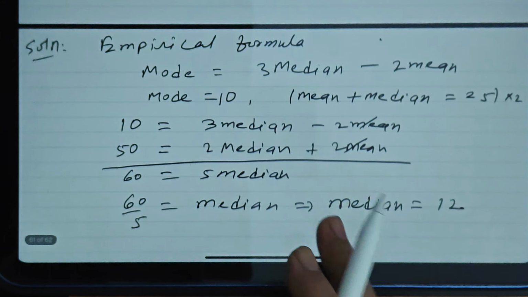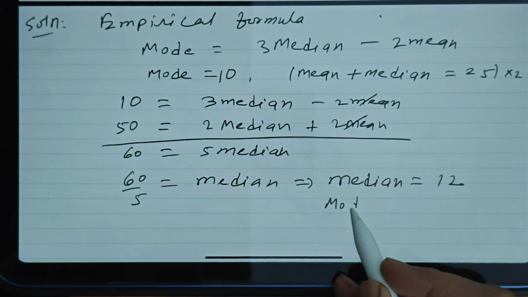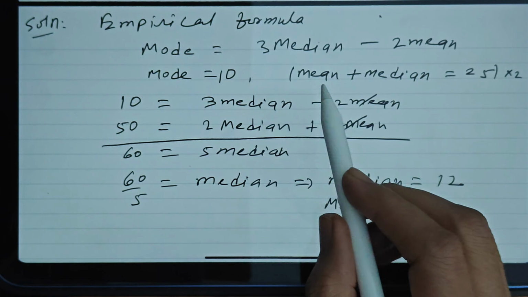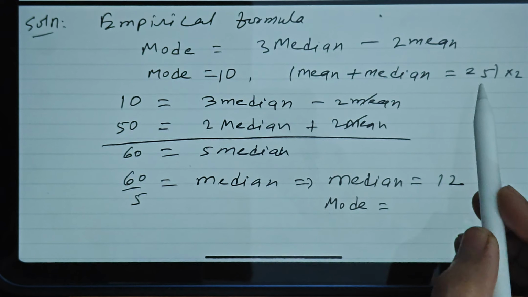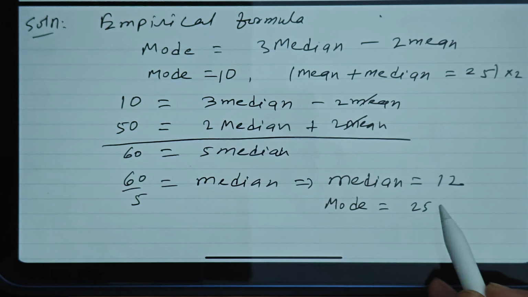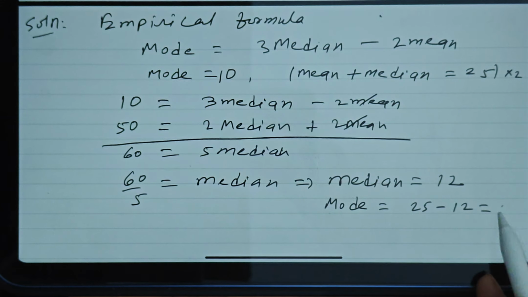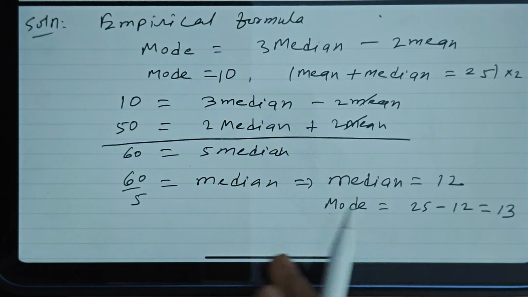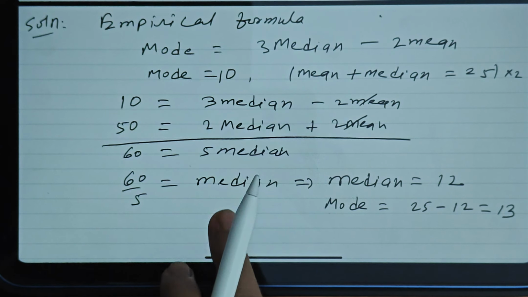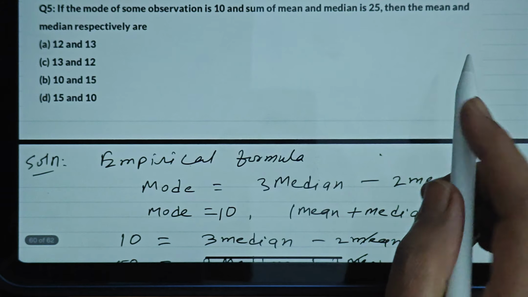Now mean you have to find out. It is given in your sum, mean plus median was 25. So 25 minus 12, that is 13.